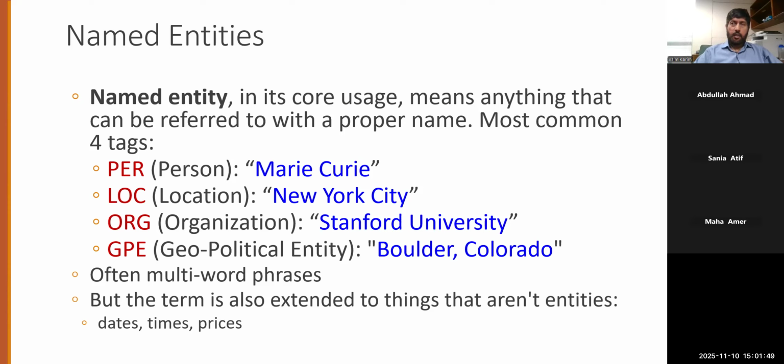So usually, of course, the original idea was a named entity would be a proper noun, and it could be a person, it could be an organization, or it could be a location. Okay? So we want to find in running text where the names of a person occur, where the names of an organization occur, where the names of locations occur. Okay?